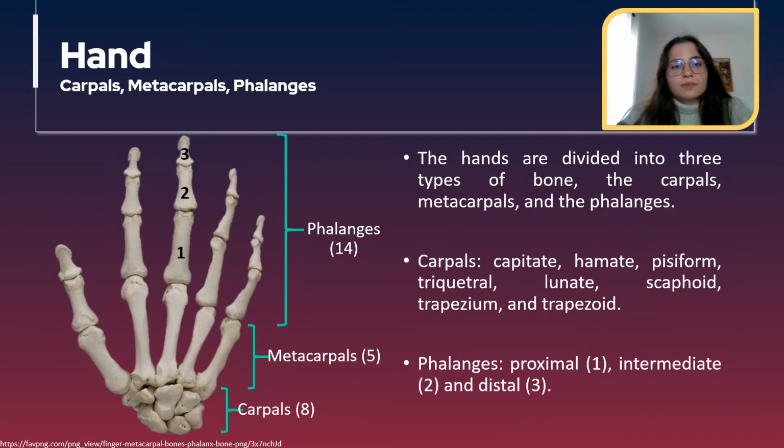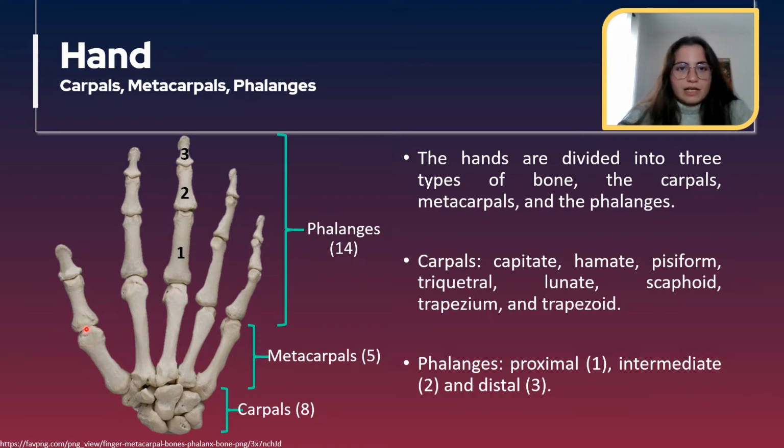The hand can be divided into three parts: the carpals, these little bones in here, the metacarpals, these ones, and then the phalanges. There are 8 carpals: the capitate, hamate, pisiform, triquetrum, lunate, scaphoid, trapezium, and trapezoid. There are 5 metacarpals, and they are simply called by their number, for example, first or second metacarpal.